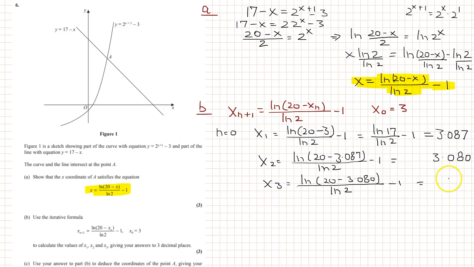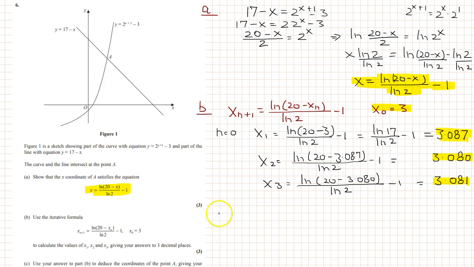That will be equal to 3.081. So this will be 3.081. So that is the value of x1, x2 and x3 up to 3 places of decimals. This is x0, x1, x2, x3.